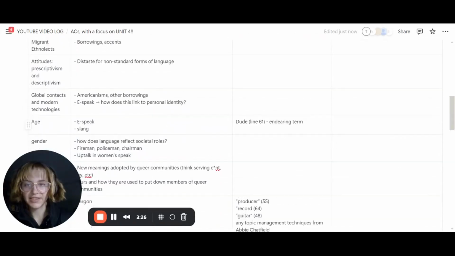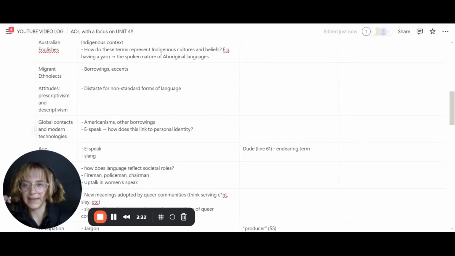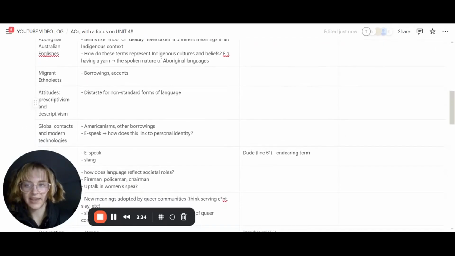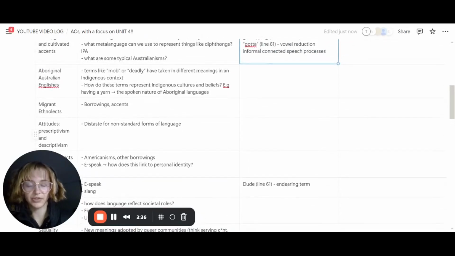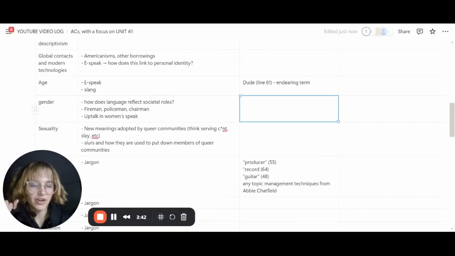Then we've got, so these are not present in this text, not really at least. I didn't really find anything for Aboriginal Australian Englishes or migrant ethnolects. In terms of slang and age, they've got a bit of slang in there, but it's not obviously Gen Z or Gen Alpha, right? I've just put in "dude". Dude is an endearing term.